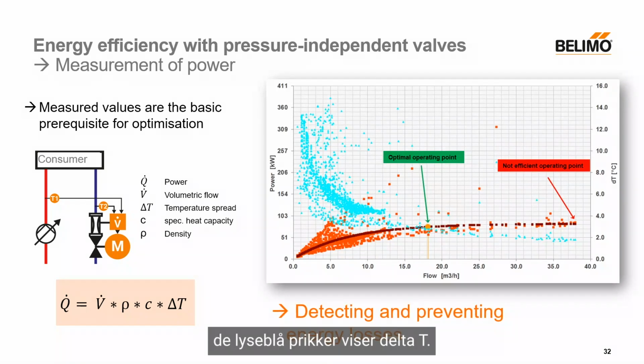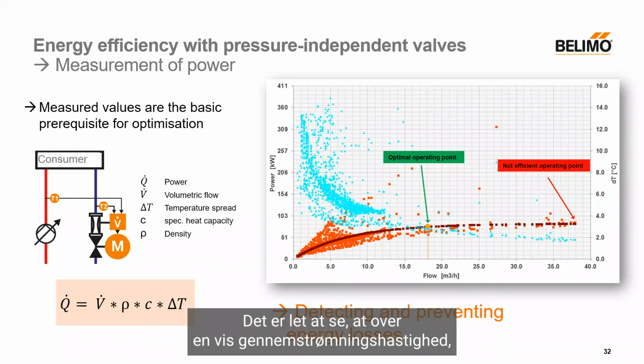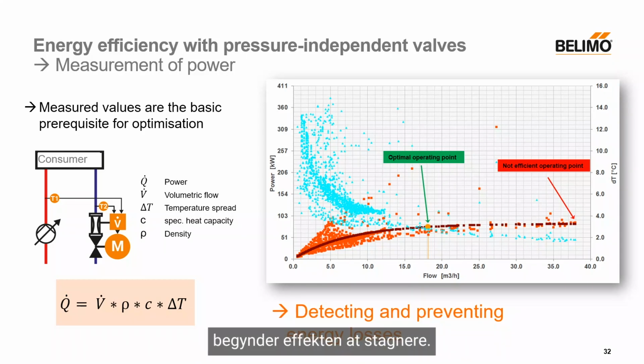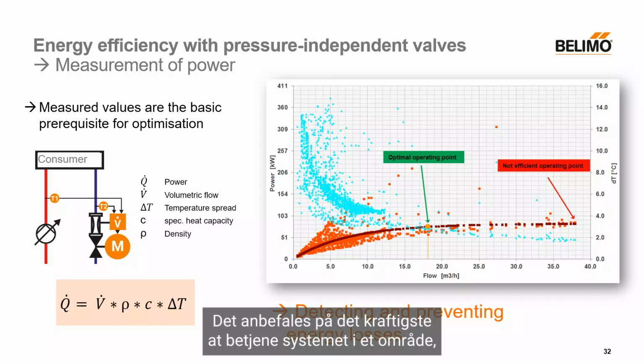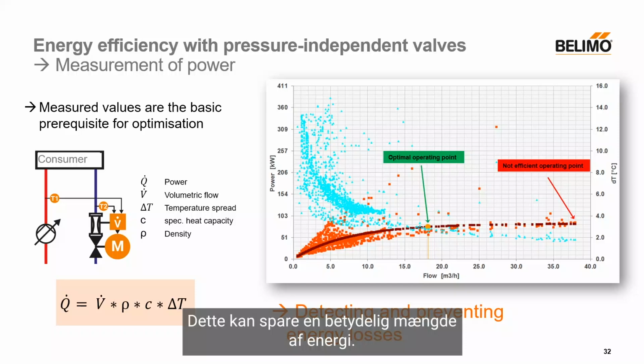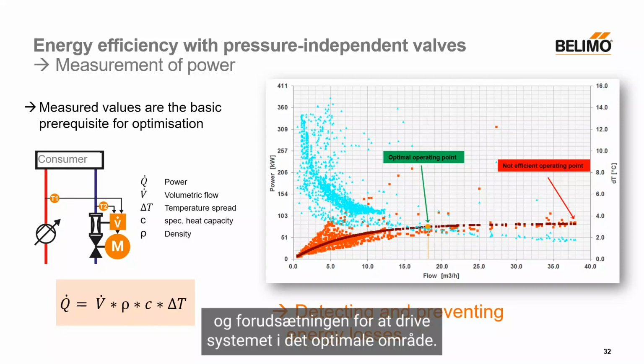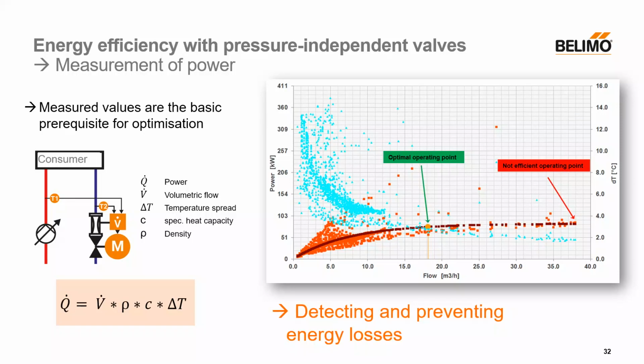The light blue dots show the delta T. It is easy to see that above a certain flow rate, the power output begins to stagnate. We speak here of a saturation of the system. It is highly recommended to operate the system in a range where there is no saturation. This can save a considerable amount of energy. System transparency is therefore important and the prerequisite for operating the system in the optimal range.